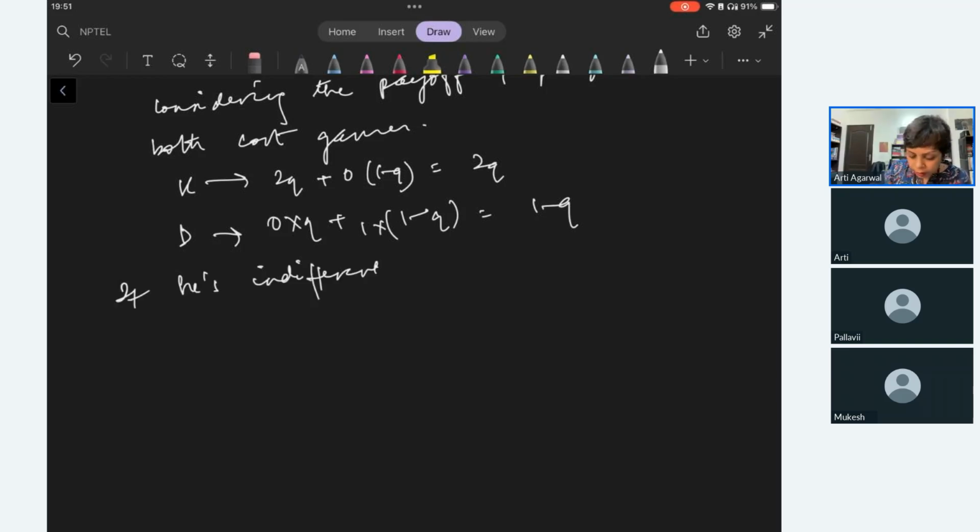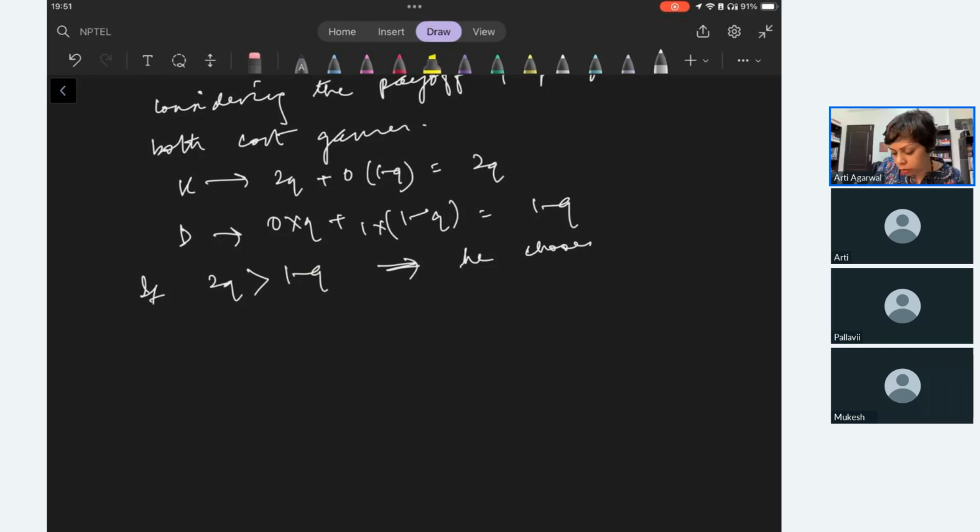Okay. So let's not take the indifferent case, let's just directly go to if 2Q is greater than 1 minus Q, he chooses U. Which means, taking Q this side, 3Q is greater than 1, Q is greater than 1 by 3.